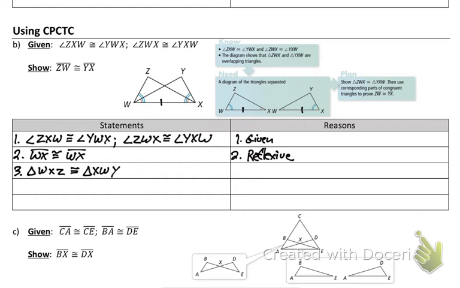Did I name those correctly? I heard a no, so I should double check. WXZ should be double tick mark, single curve mark, nothing. XWY: double, single, nothing. It is correct, and this would be by angle, side, angle.